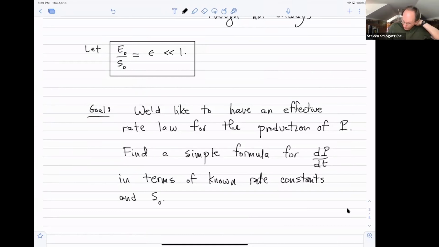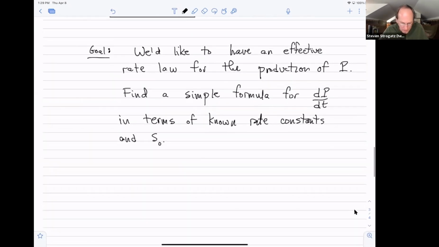Okay, and that's what we're going to get. That's one of the things that Michaelis and Menten figured out, how to derive such a simple formula from this system. And it's used all the time nowadays in systems biology and biochemistry.